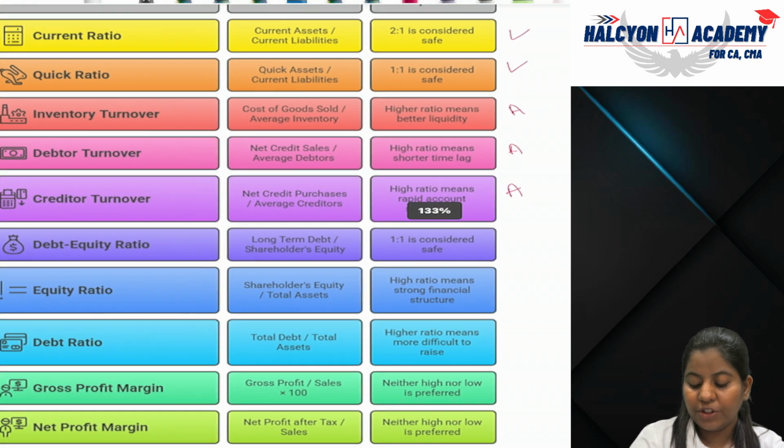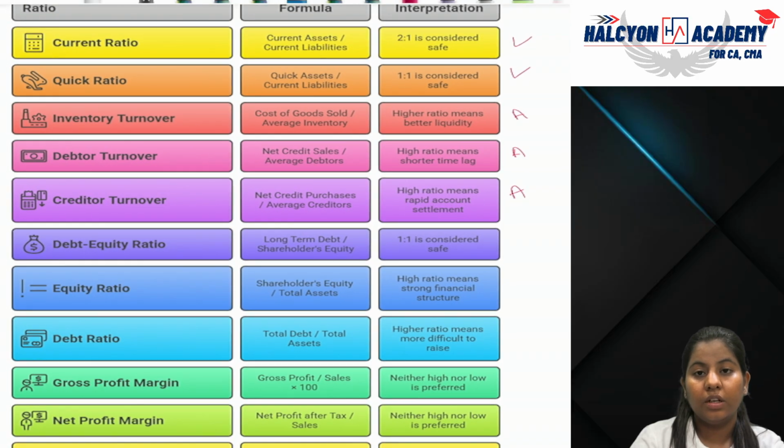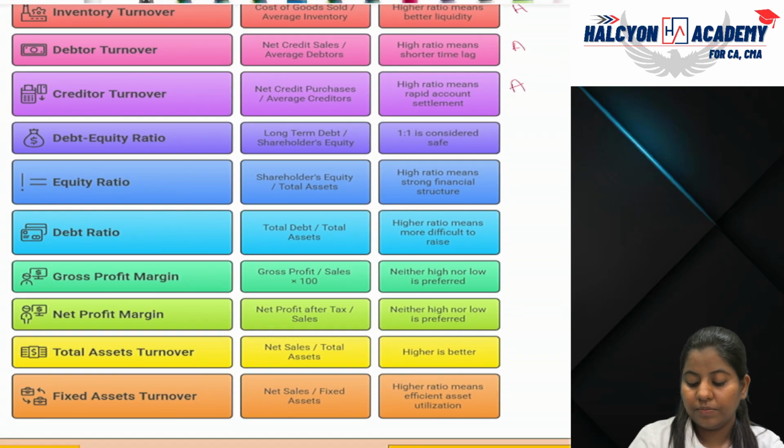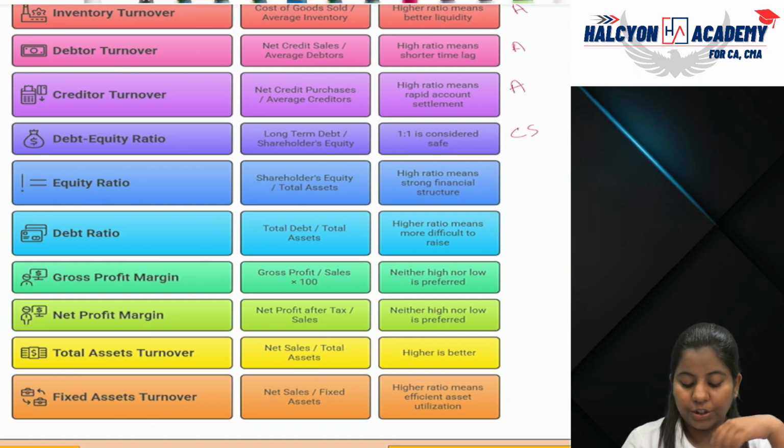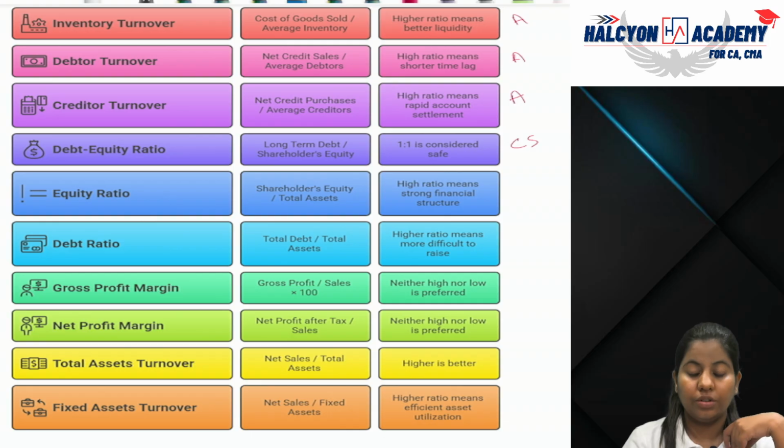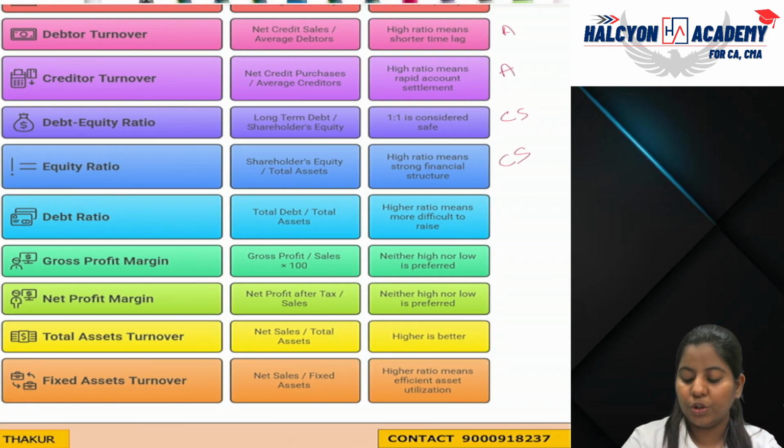Can you tell me which kind of ratio it is? It is a capital structure ratio, also called leverage ratios. Equity ratio is also capital structure. Debt ratio is also capital structure.